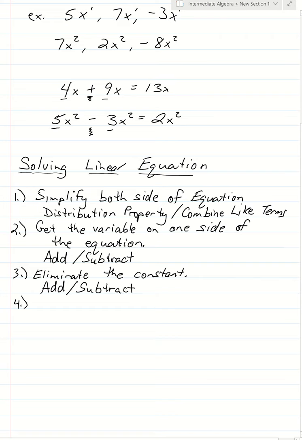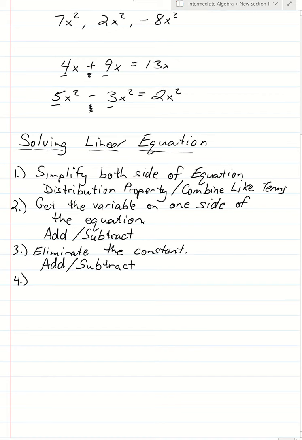Finally, in step 4, we want to eliminate what we call the coefficient. I've mentioned that word before. The coefficient is the number that's in front of the variable.